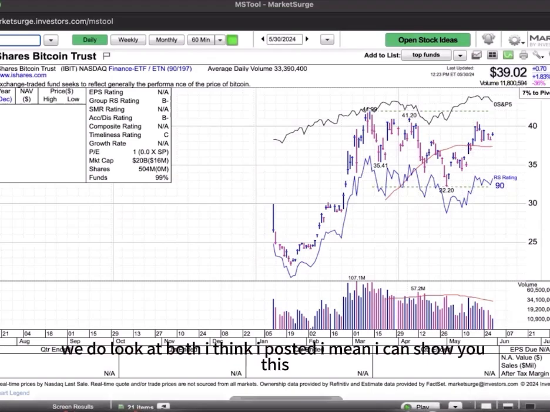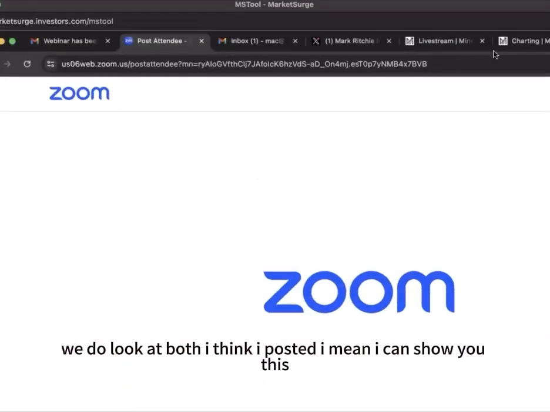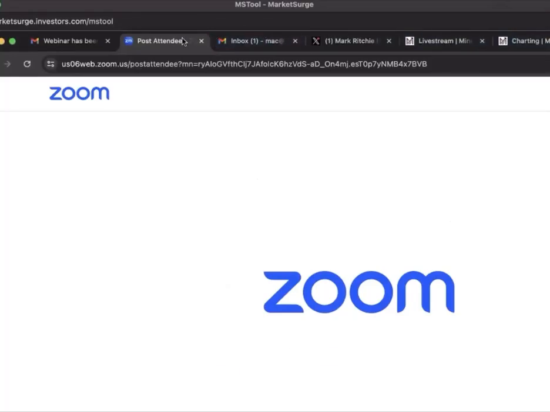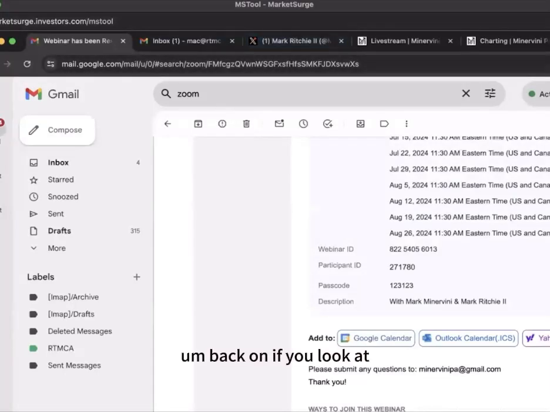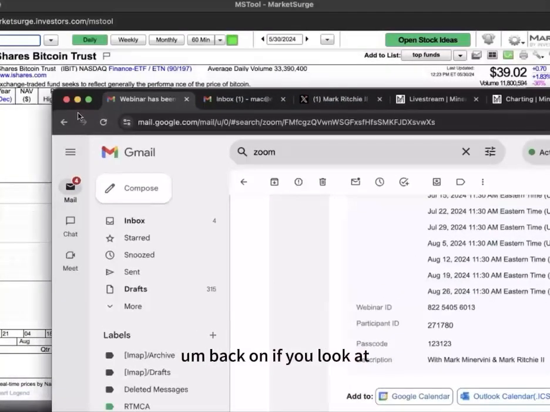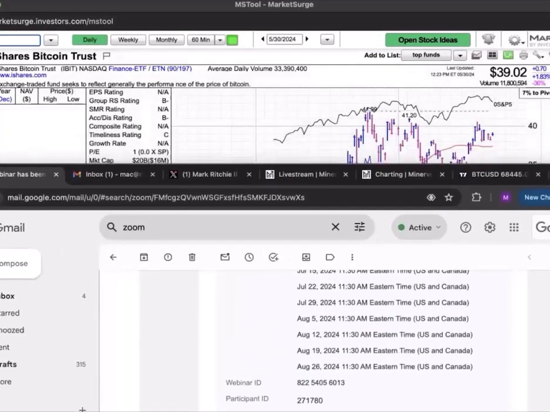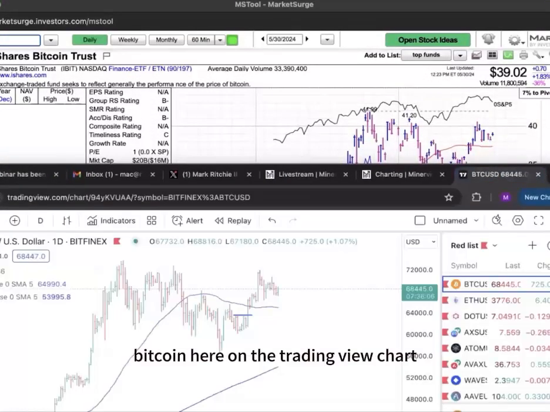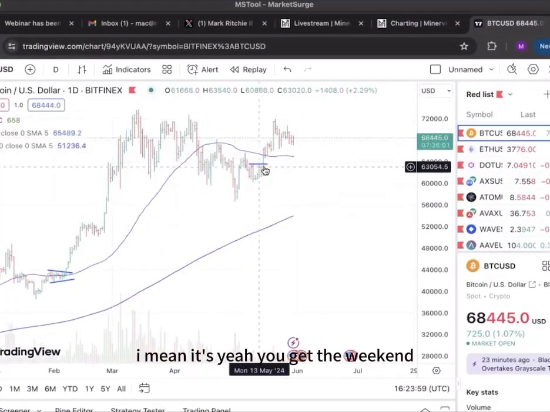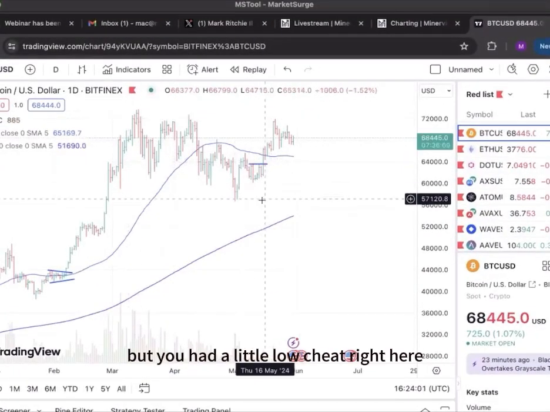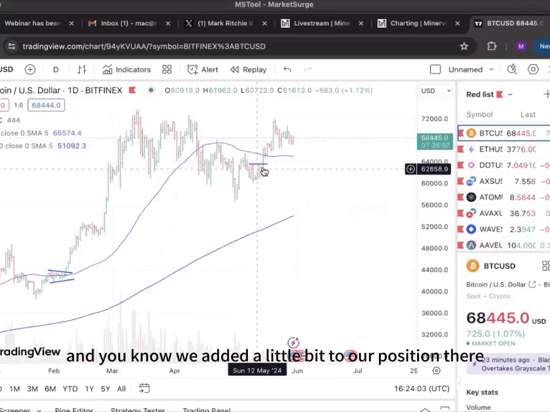I think I posted this, I can show you if it helps. Oops, that's the wrong thing. If you look at Bitcoin here on the TradingView chart, yeah, you get the weekend, but you had a little low cheat right here, and we added a little bit to our position there.